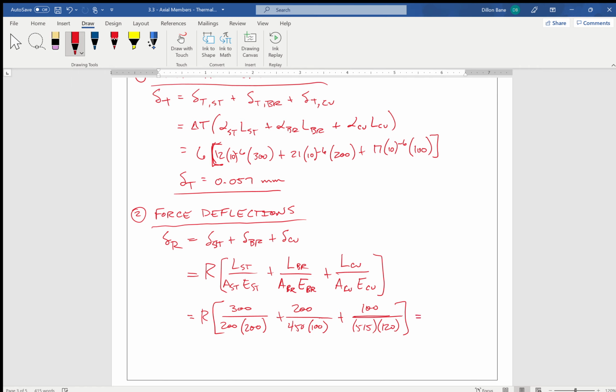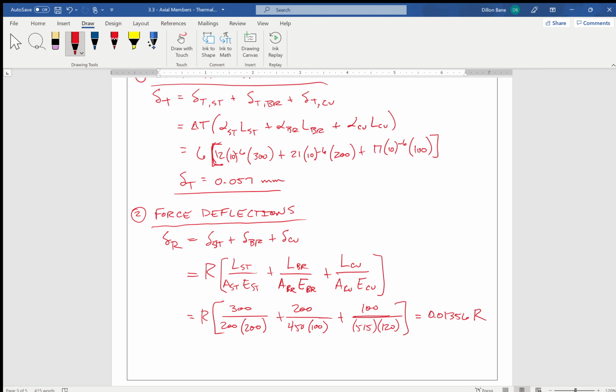So if we run this math out, what we end up with, in math terms, is 0.01356 times R. And this 0.01356 is dependent upon all of our length measurements being in millimeters and all of our force measurements being in kilonewtons.